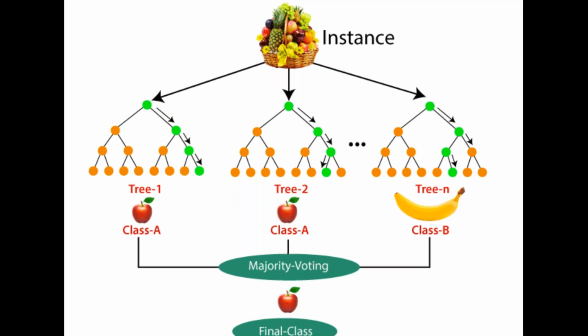After running through all the decision trees, tree 1 says its output is an apple, tree 2 says its output is an apple, and tree n says its output is a banana. So we can observe that the majority voting obtained here is apple. Hence the final output is going to be an apple.